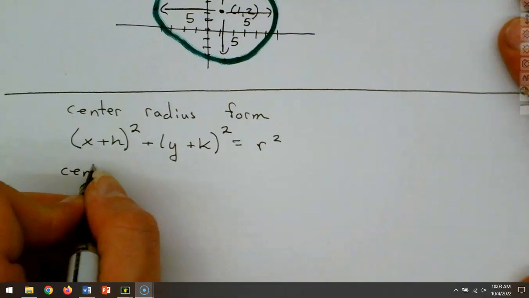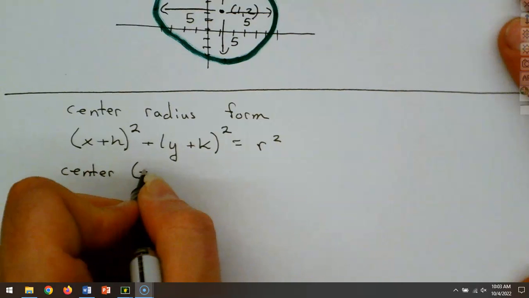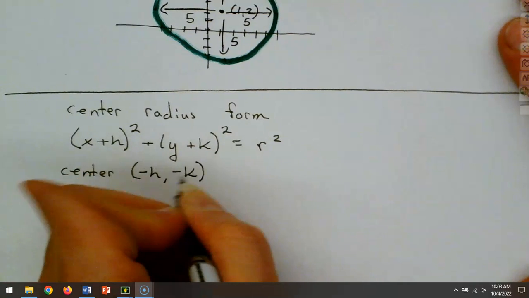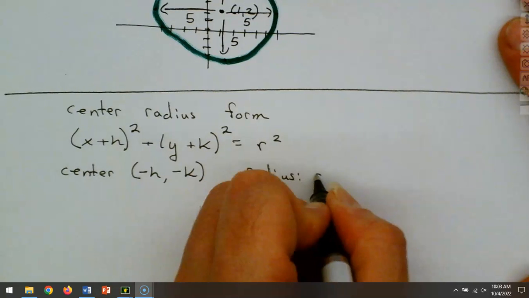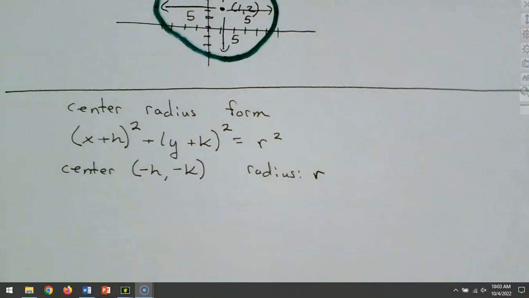And the center now is going to be minus h, minus k, and your radius is r. So this is something that's new for most of you. So you have a center radius form, okay? And from that form, when we plug in numbers, we're going to get the center of that circle and also the radius.